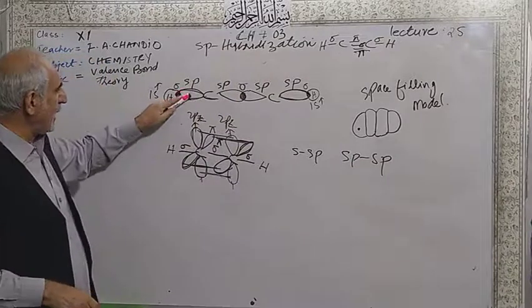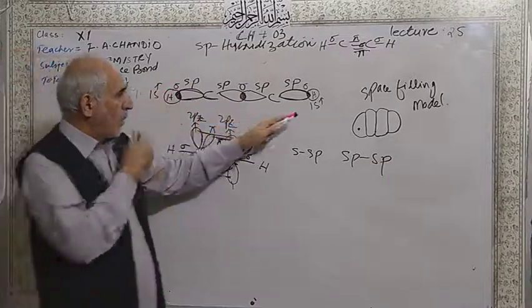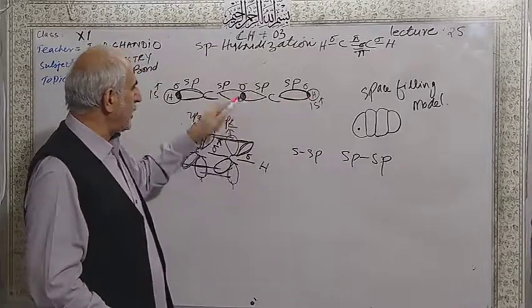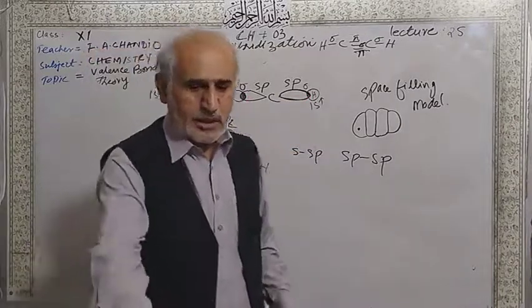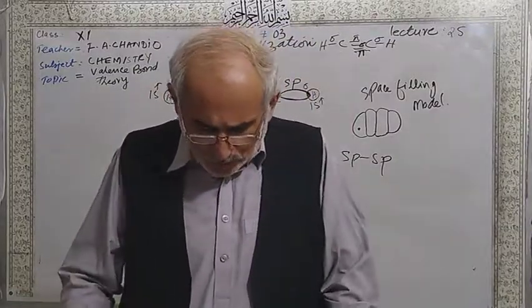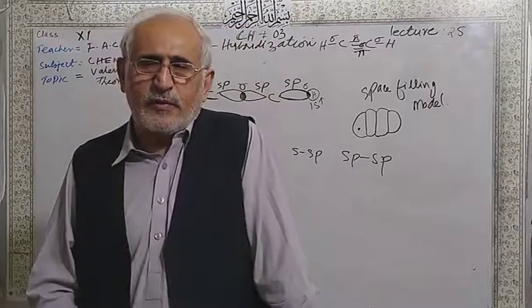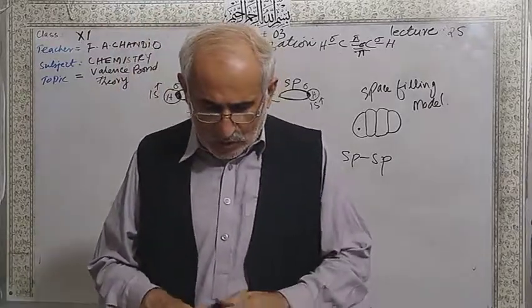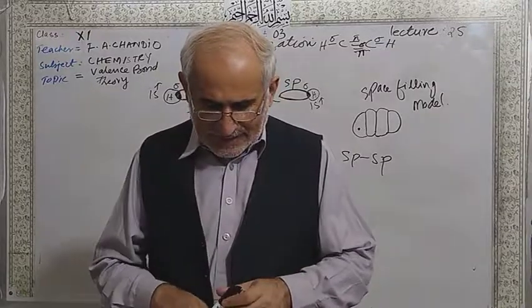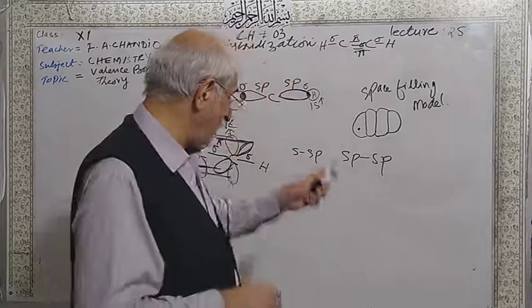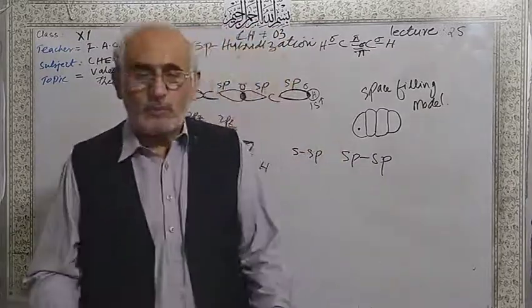This is the S and sp sigma bond, this is the S and sp sigma bond, and between sp and sp, the third sigma bond. The pi bonds are formed by sideways overlapping between the unhybridized atomic orbitals, and that is why a cylindrical shape is going to be formed.